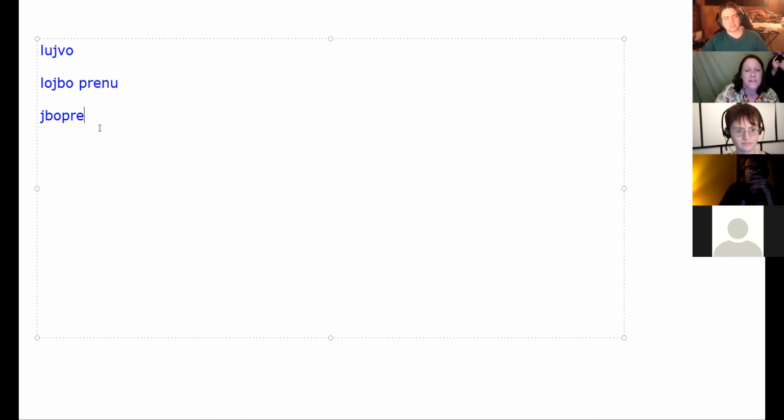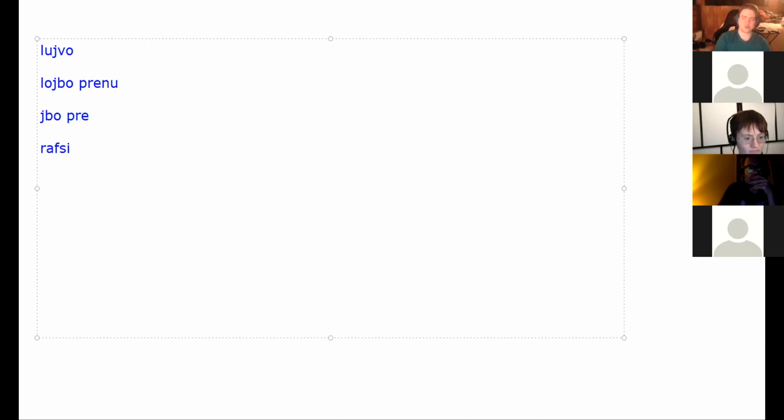Yes, specific ones. Yeah, sometimes you can do different ones. Generally, these forms here, the CCV, those are the best because they have a consonant cluster, so they don't break apart, and they end in a vowel. And these are called rafsi. These little shortenings, these are rafsi, and these are used for making lujvo, which are shortened compound words.